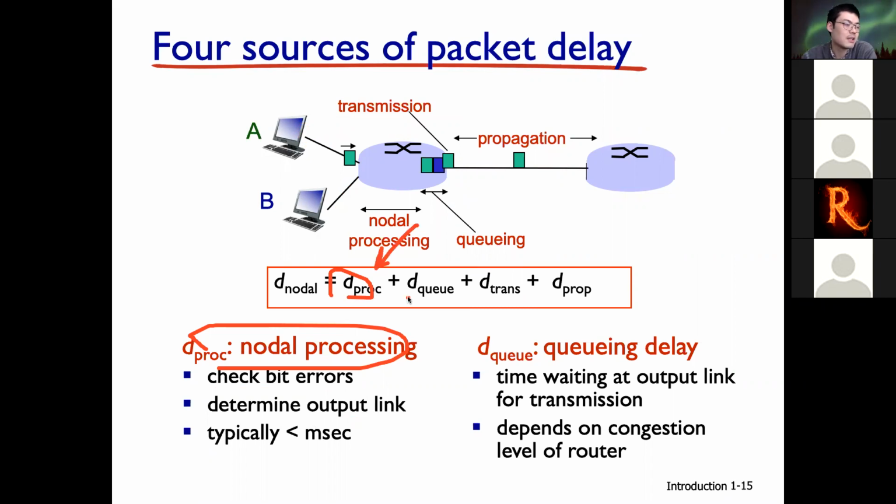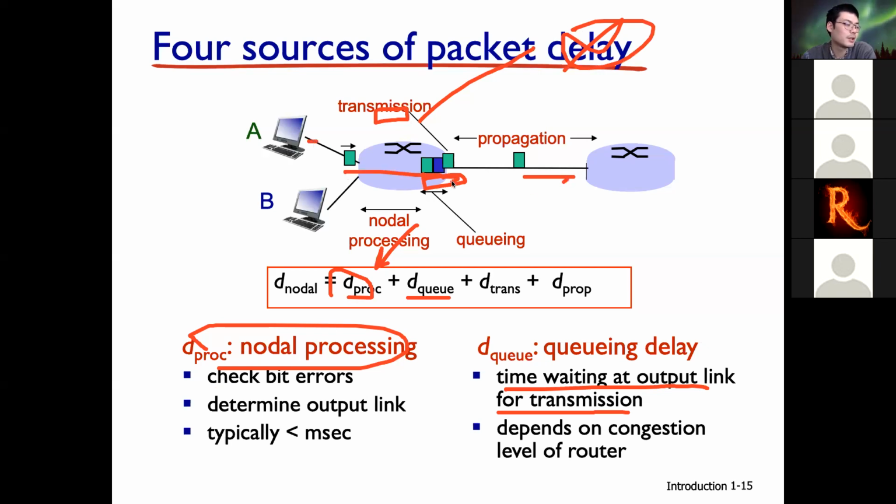Another part is queuing time, queuing delay. This is the time we wait at the output link for transmission. Here the queue is built something like this. Each output link has a queue. Like to this router we have a queue, to this router we have a queue. When you come and I decide to go this route, I will put you into this queue.